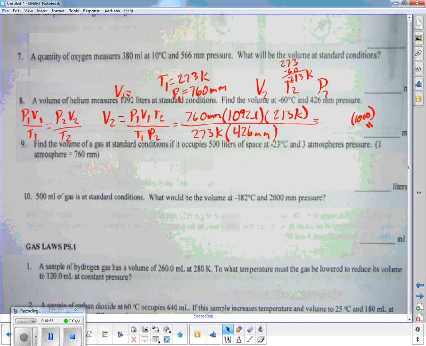That's a lot. So what do we got? 1,520,000. So I wouldn't want it to be in liters. What is it in liters? It's 1,520. So 1,500.